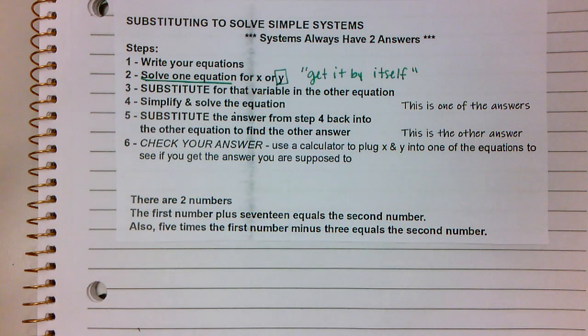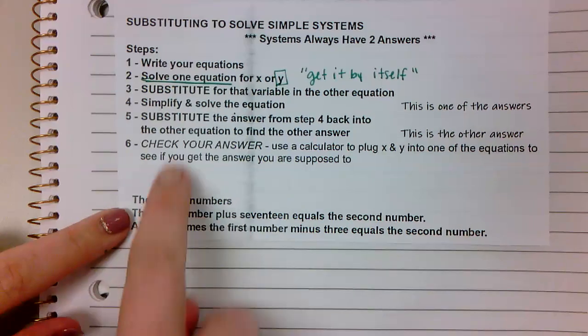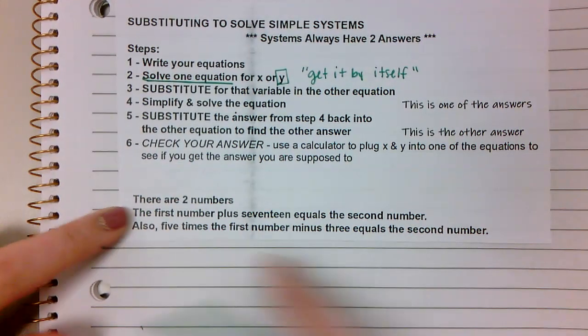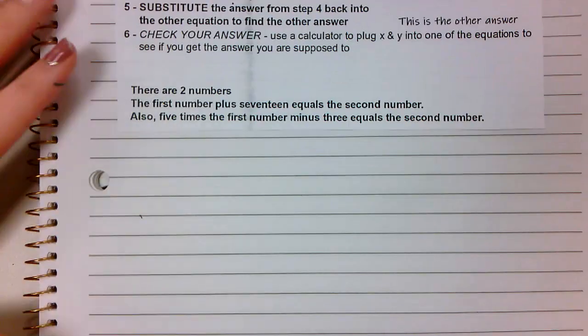Once you have it set equal to x equals everything or y equals everything, you're going to substitute everything that you have in for that variable in the other equation. Then you'll simplify and solve it, and then take that answer and go back and put it into the other equation. And you'll check your answer by plugging them in and see. But we're going to go through these steps with this first problem that we have here.